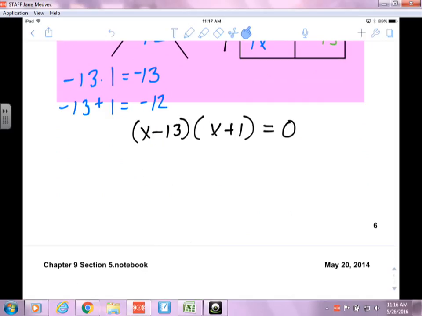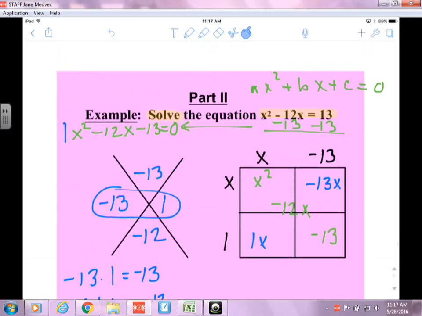Okay, so if I've got that looking like that, what do I do to solve for x? Okay, if I multiply, would I find out where it crosses the x-axis? It would not do that. It would take me back and give me my answer that they gave me from the beginning.